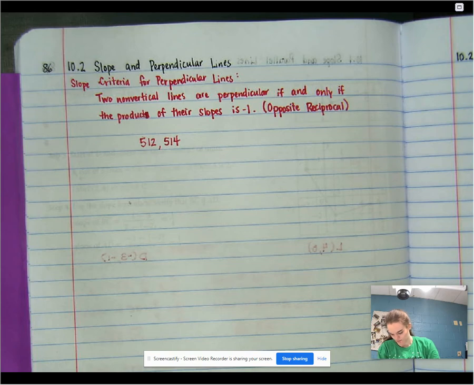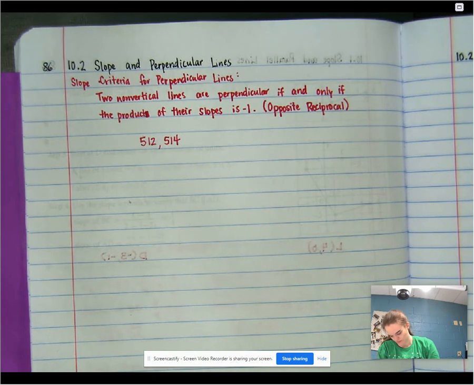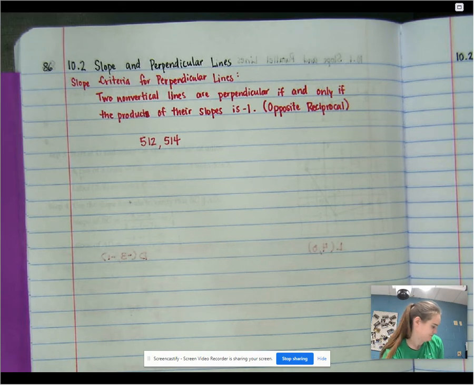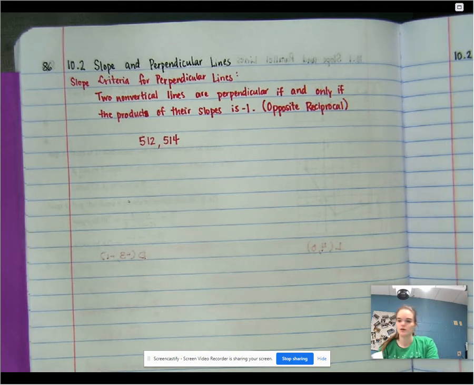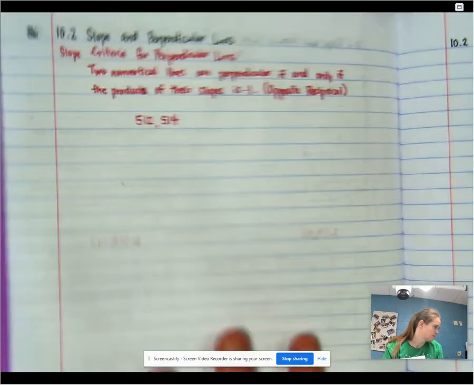So 514, and 512. Books are almost done. When we're done with 10.5, we'll get a new book, actually, when we get to 11.1.